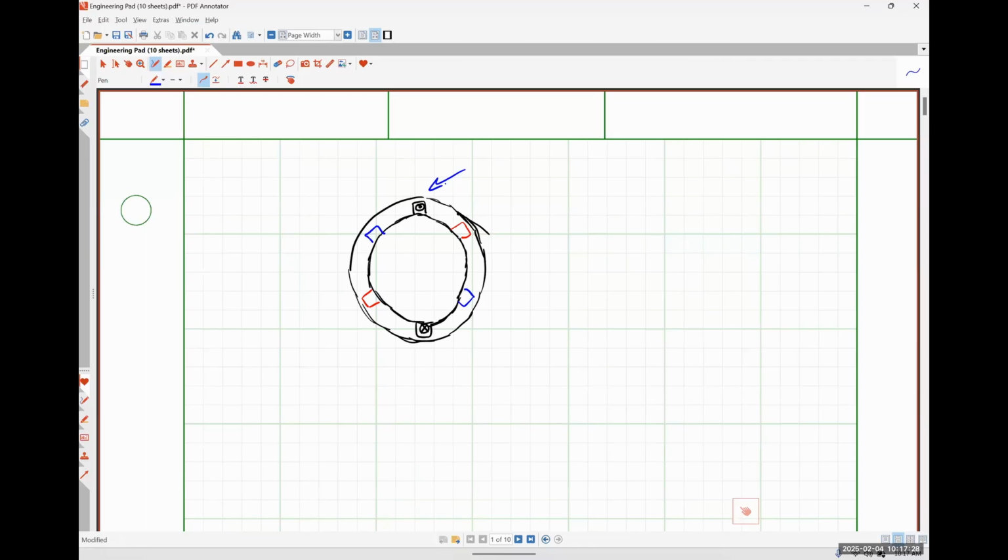If we had more poles, so let's say that I put another pole for the A phase, another pole for the B phase, and another pole for the C phase, right? Now we have a 4-pole machine.